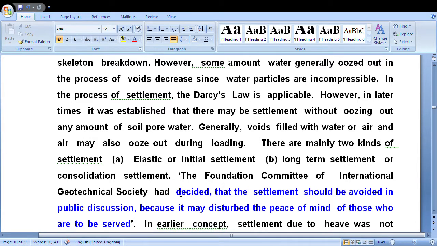It is very important. As far as possible, we should not discuss the settlement process before the builders, before the clients whom we are going to charge. They may fear, they may feel panic.